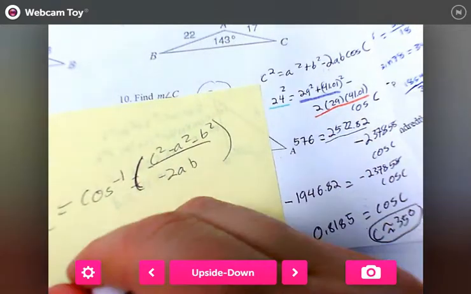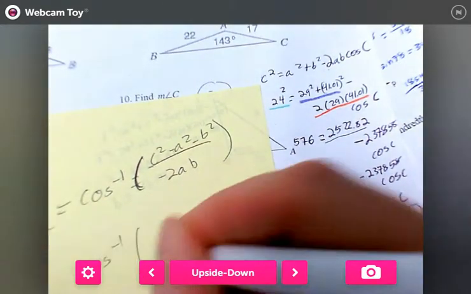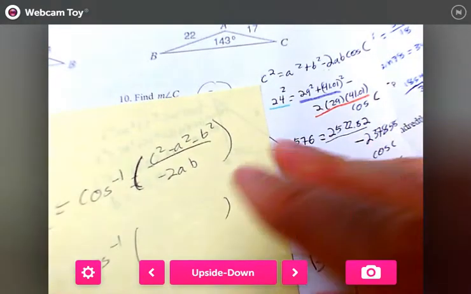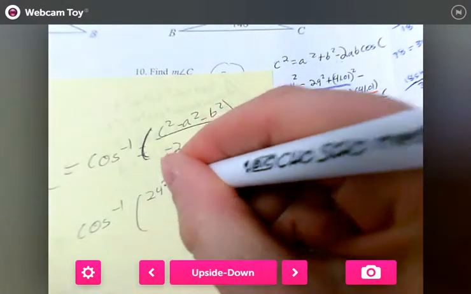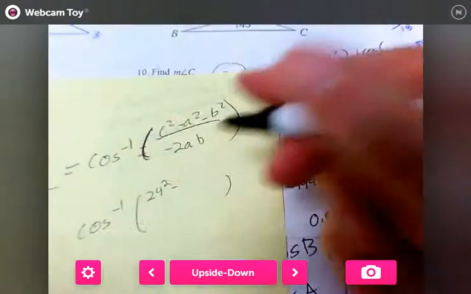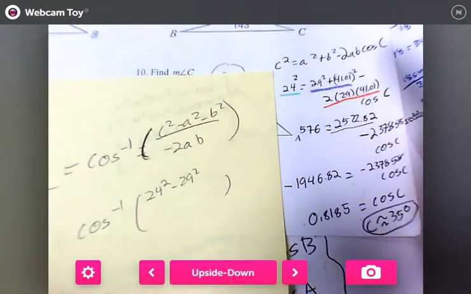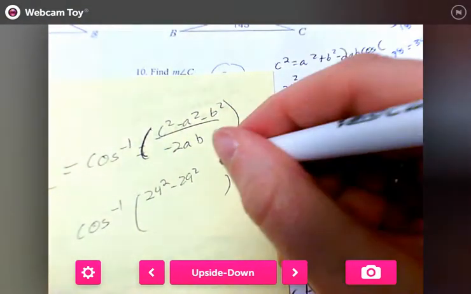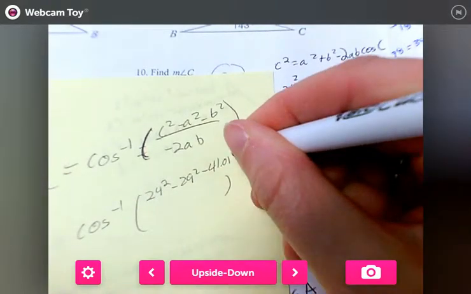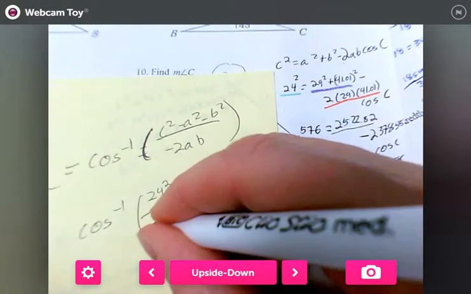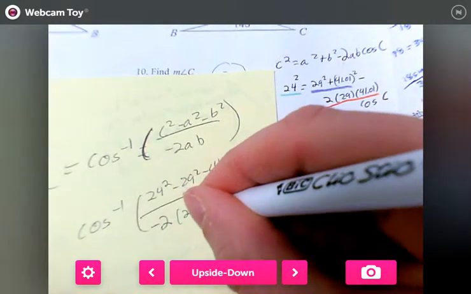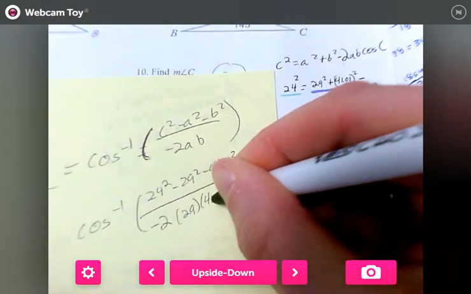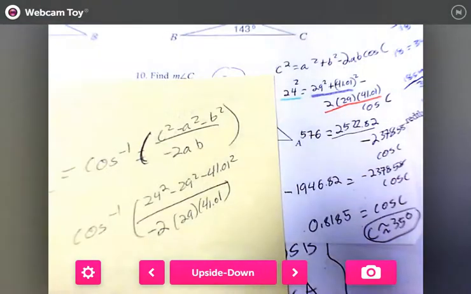So this would just mean cosine negative 1, and we're going to take C squared, so that's 24 squared, minus A squared, that's 29 squared, minus B squared, that's 41.01 squared, all over negative 2 times 29 times 41.01.